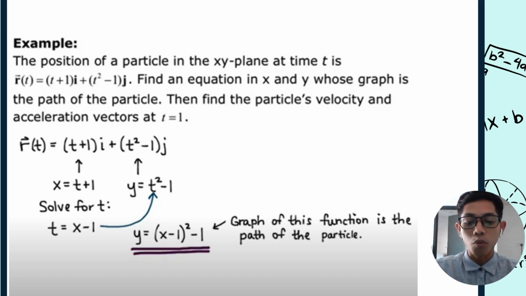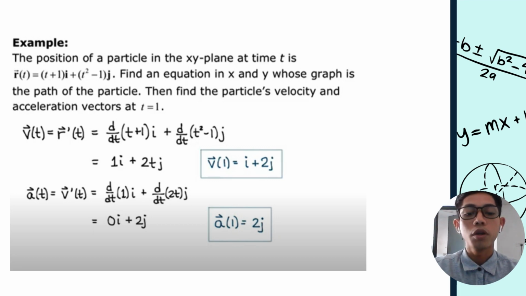If we subtract 1 from both sides, t equals x minus 1. Plugging t equals x minus 1 into the y equation, y equals x minus 1 squared minus 1. That is the equation whose graph is the path of the particle.